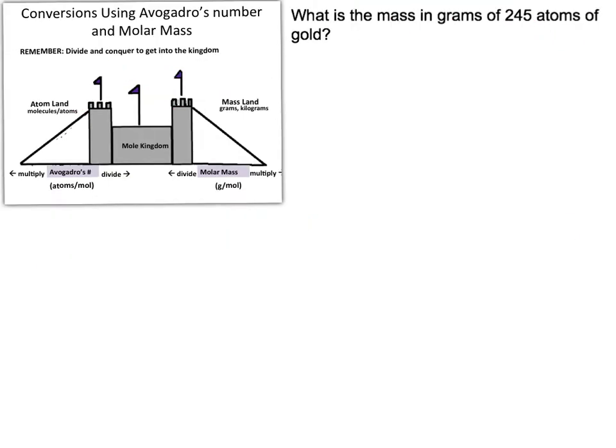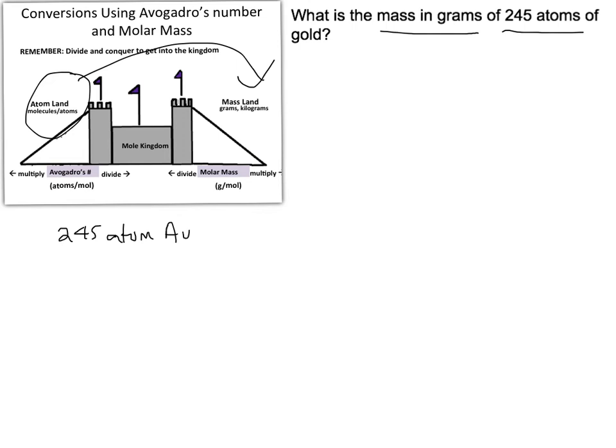So with the problem that we see here, they're asking us to calculate the mass in grams of 245 atoms of gold. So we're going from atom land into mass land. Okay, so in this situation, we're going to put our number of atoms of gold into our given box.